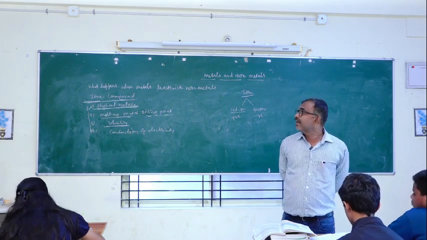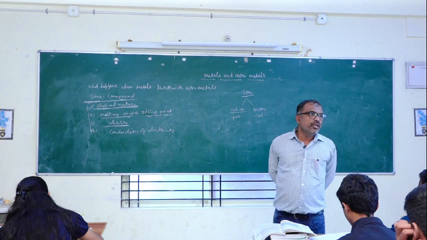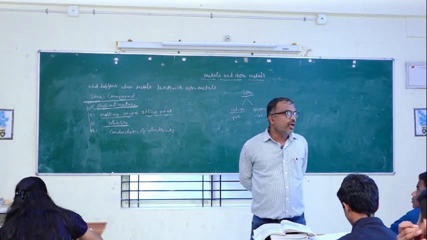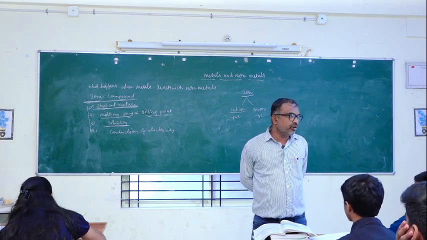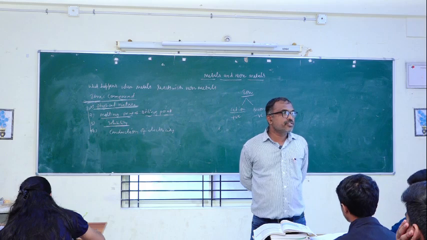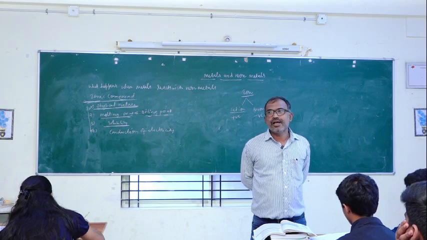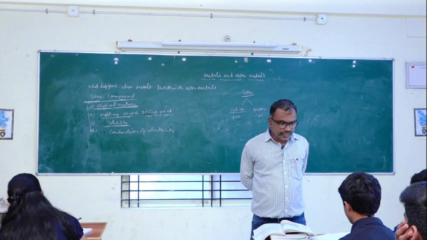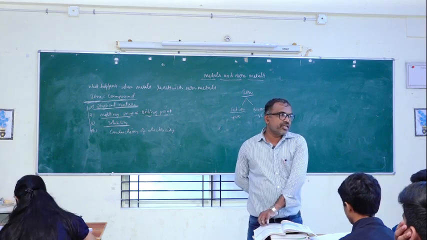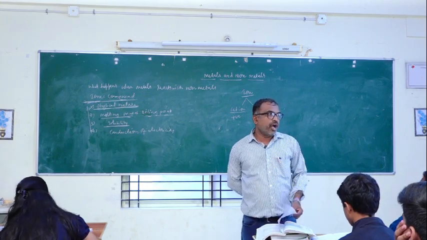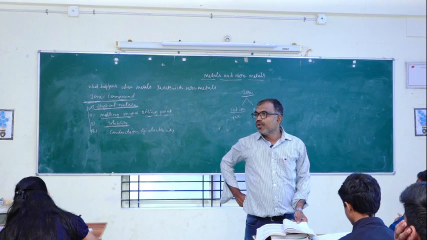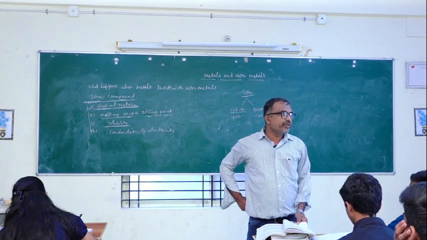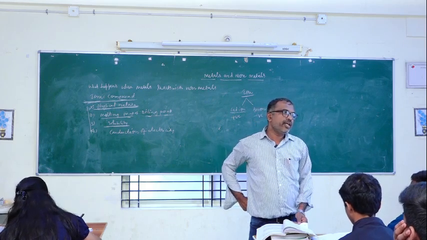In the reactivity series, we divide the metals into high reactivity, medium reactivity, and low reactivity metals. Next class we are going to discuss how we extract the low, middle, and high reactivity series metals.